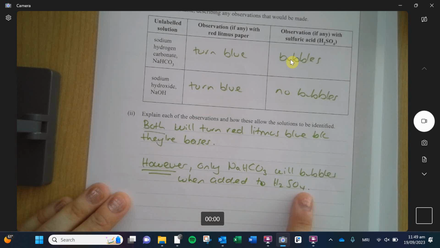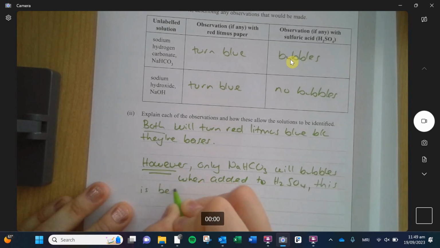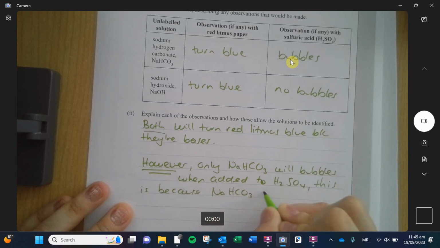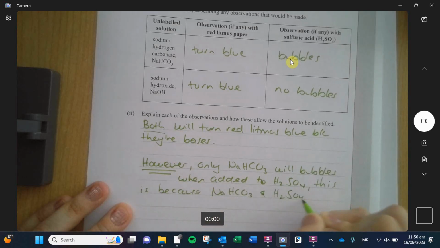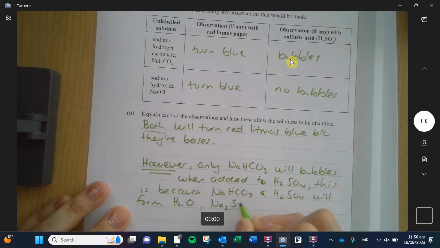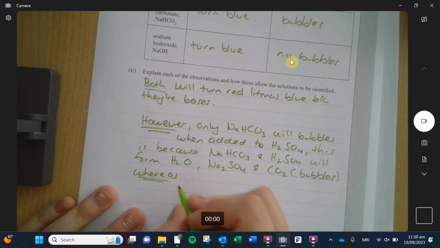So bubbles will be added to SO4. So you see I'm using the word whereas.